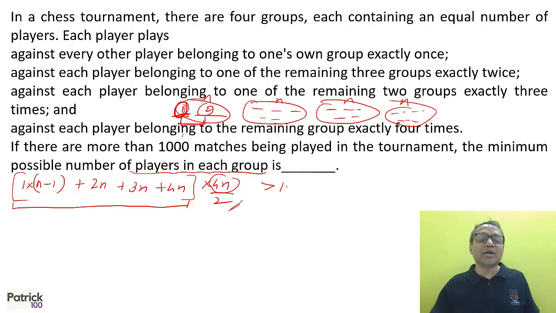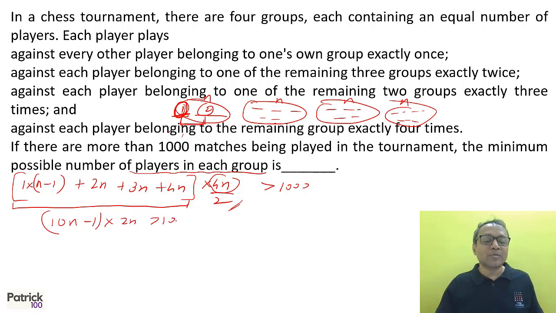And this has to be more than 1000. If you calculate this, it becomes 10n minus 1 into 2n, which will be more than 1000. Take the 2 to that side, and you get 10n square minus n is more than 1000 divided by 2, which is 500.